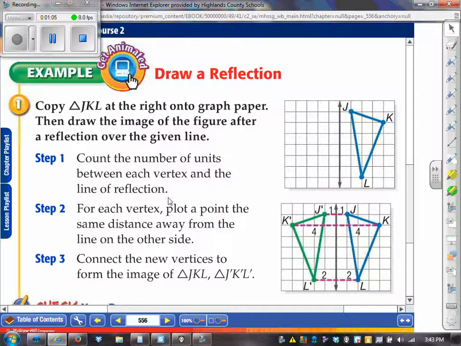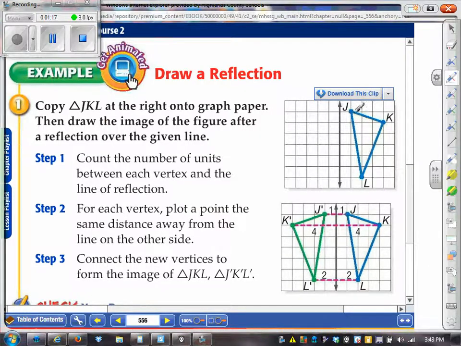And one way to draw a reflection whenever it's graphed would be just to count the number of spaces each point is away from the line of reflection. So this J is 1 point away, so we would count over 1, and the new point would be J prime.